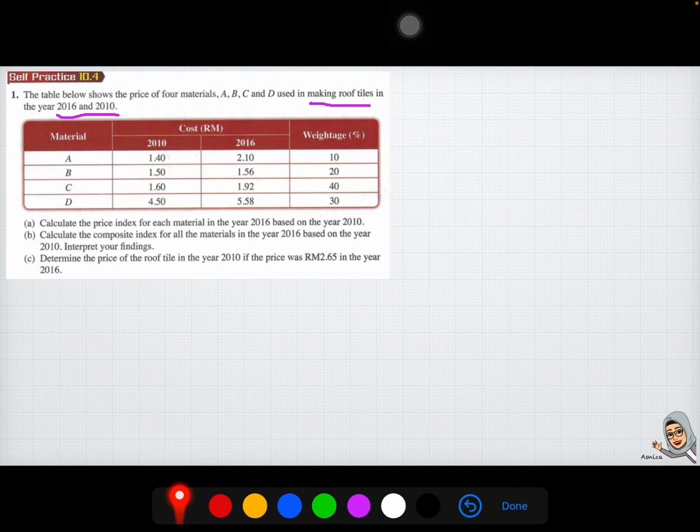So C will be the main material here. Next, for A, we need to calculate the price index for each material in the year 2016 based on the year 2010.